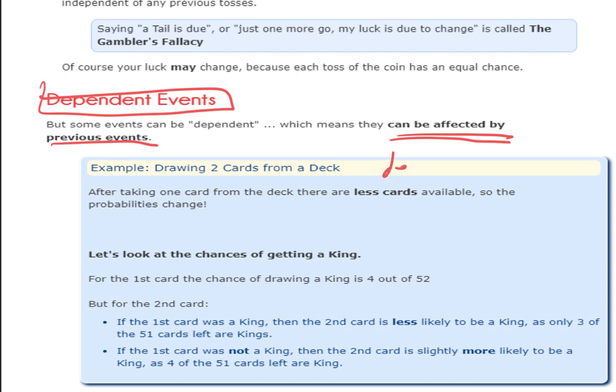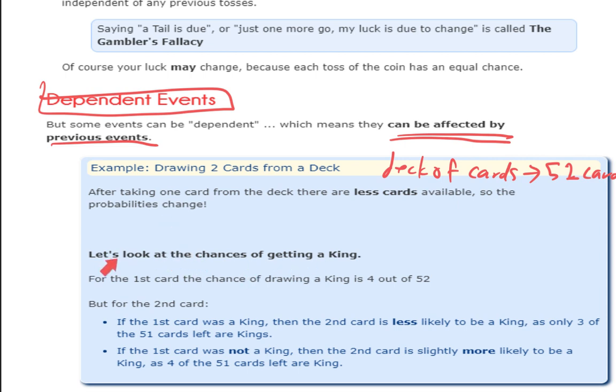A deck of cards is 52 total cards. After you take the first card from the deck, the probabilities change as you pull them.